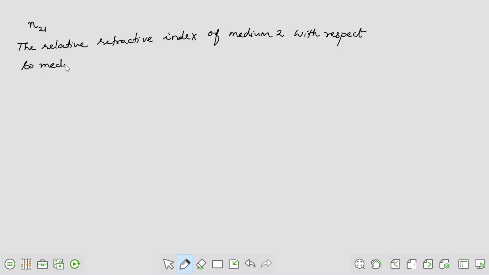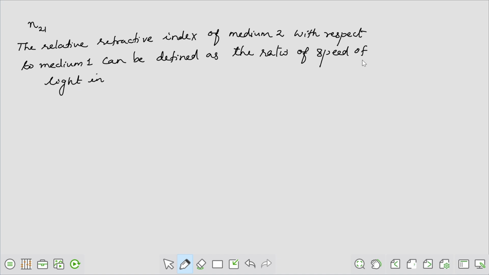Suppose I am writing the definition of N2,1. Then the relative refractive index of medium 2 with respect to medium 1 can be defined as the ratio of speed of light in medium 1 to medium 2.